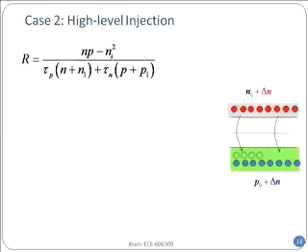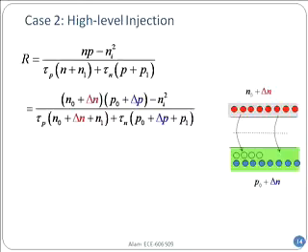High level injection, same procedure, but now you have shone a very strong light. Let's say you have put a laser on a little piece of semiconductor. The semiconductor was intrinsic to begin with. Huge number of electron hole pairs. So what are you going to do?